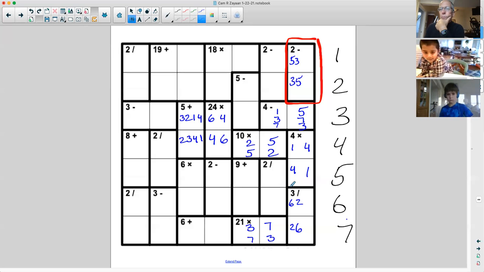Maybe 7 minus 5. Yes, 7 and 5, or 5 or 7. You can do that too. Cam, are there any more? But you said there's 10 things you can do, so there could be more.